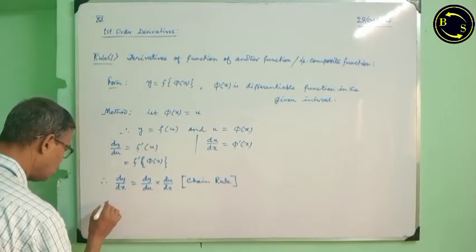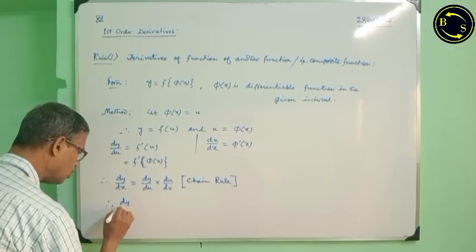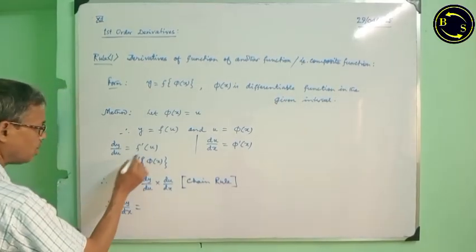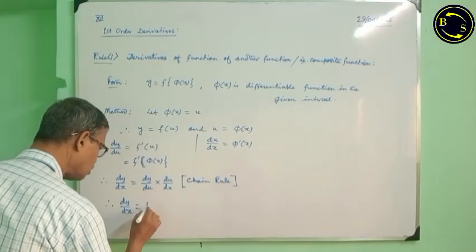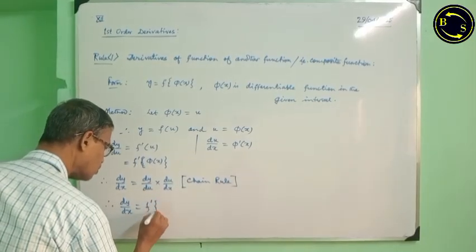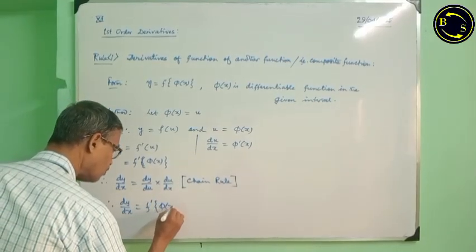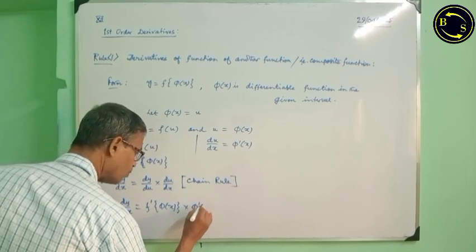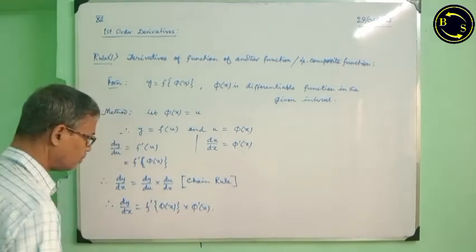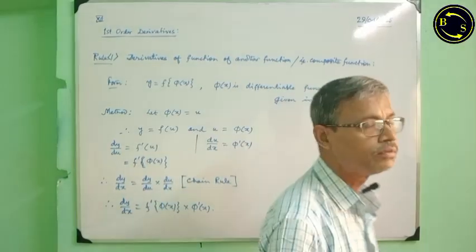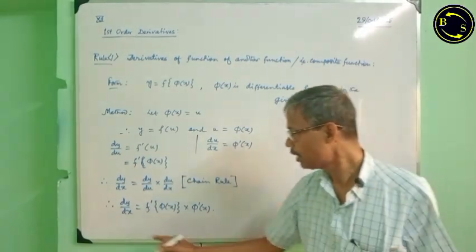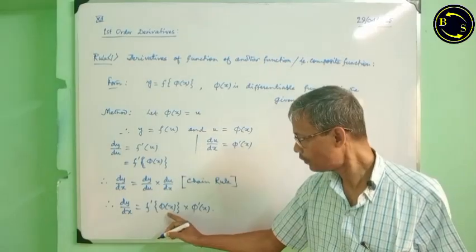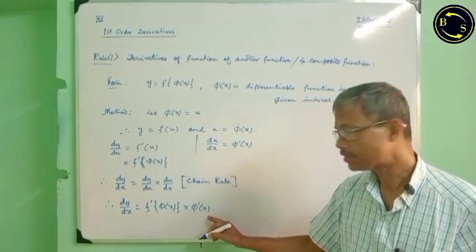Therefore, dy/dx is equal to f dash of phi x into phi dash x.